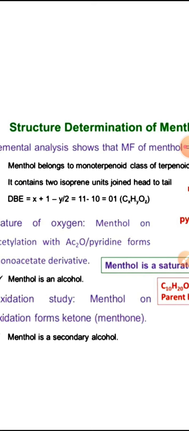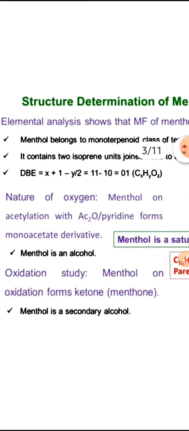If we put these values here, then the double bond equivalent is found to be equal to 1. Now menthol has one double bond equivalent. It means that it may be a monocyclic compound or it may contain one double bond. So in subsequent investigations we have to find out the nature of unsaturation.